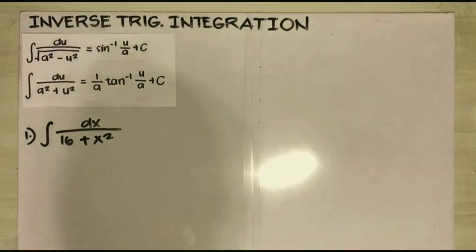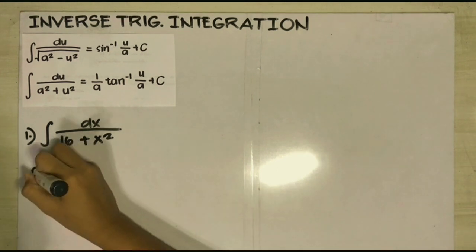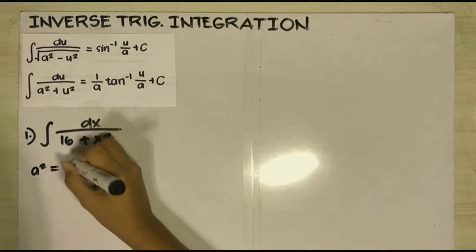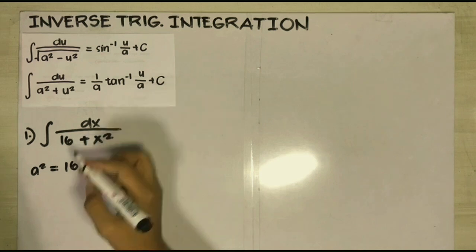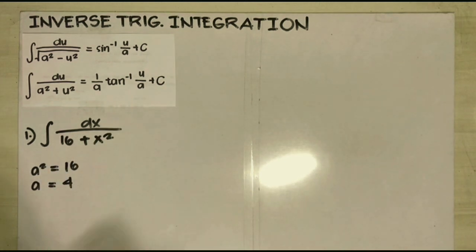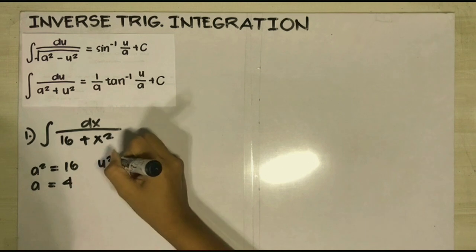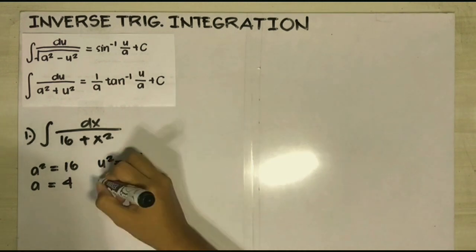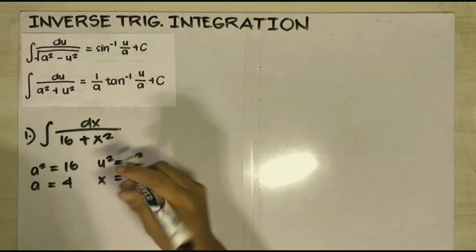For our first example, we have the integral of dx all over 16 plus x squared. What I always do when a problem is inverse trigonometric, the first thing I do is identify the values based on the formula. So a squared is equal to 16 and a is equal to 4.